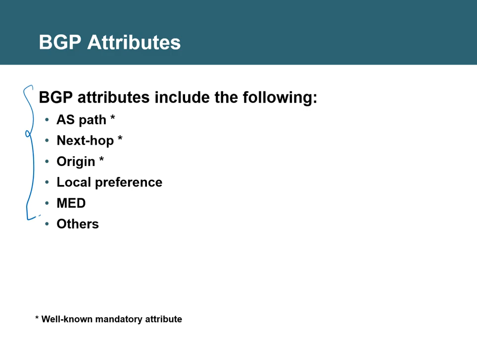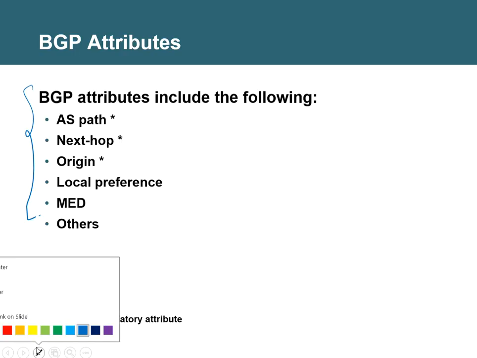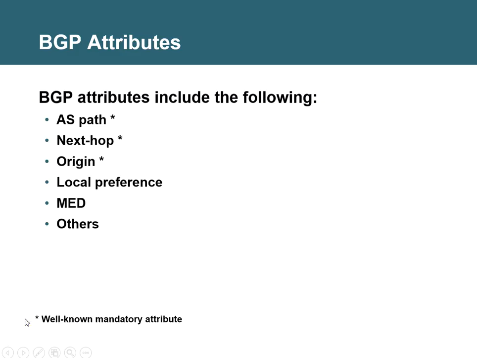These are the tunable ones. Now this is not the order in which the attributes are checked while deciding the path. This is just to explain the well-known mandatory and well-known discretionary categories. Now we are going to learn one attribute after the other to understand the difference between them, and then we will see the sequence in which attributes are verified.